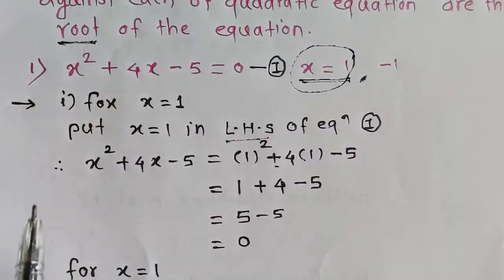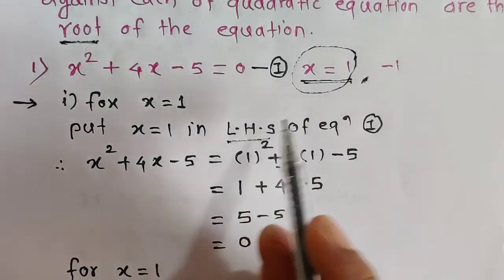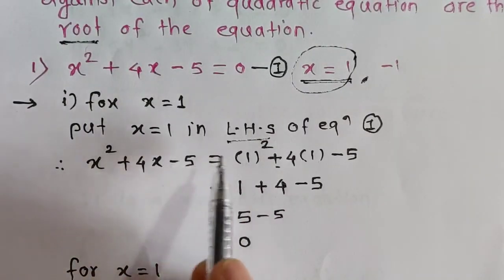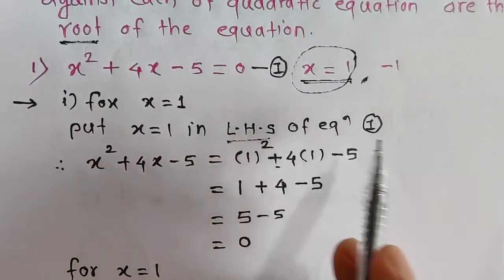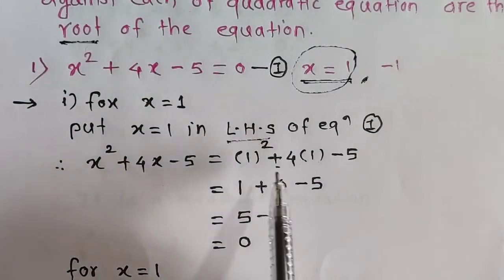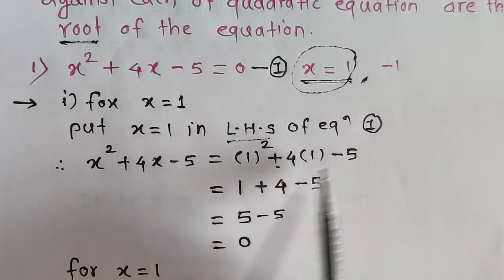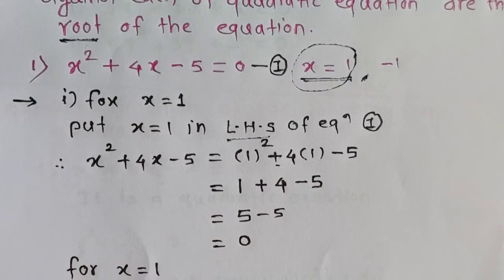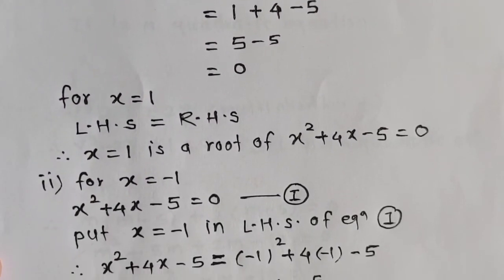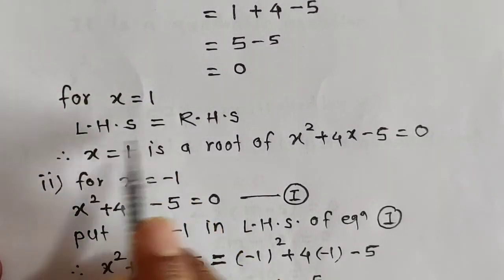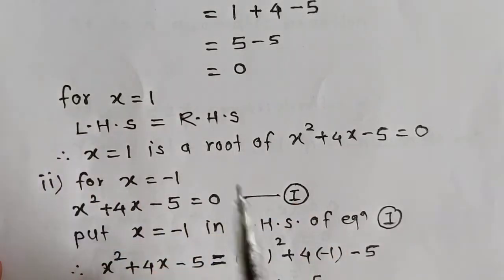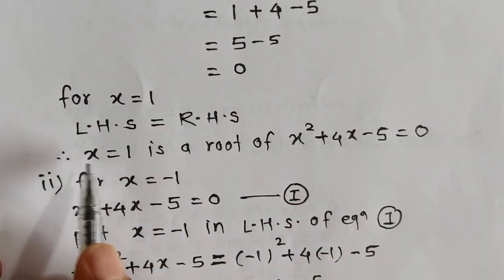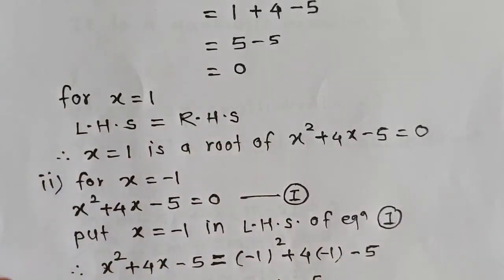Now write the equation, it is equation 1. Put x is equal to 1 in the left hand side of that equation. So write the left hand side, substitute the value x is equal to 1 and calculate the value. If it is 0, then our conclusion is for x is equal to 1, both the sides are equal, means LHS is equal to RHS, and therefore x is equal to 1 is the root of that equation.